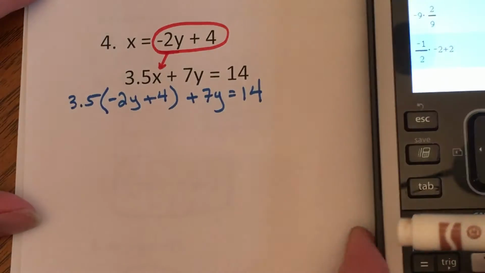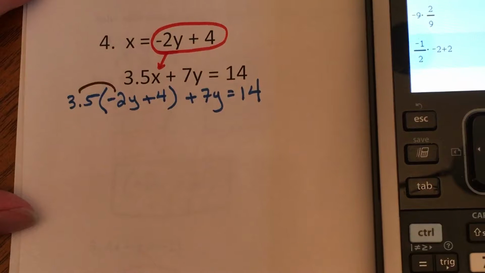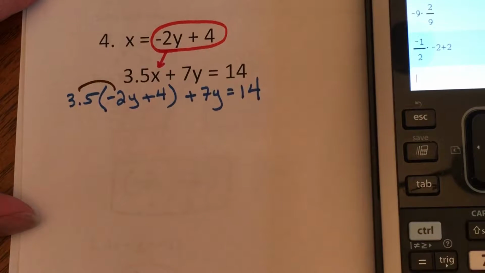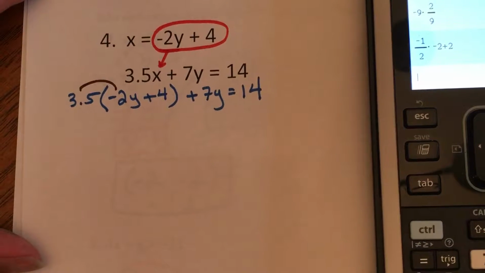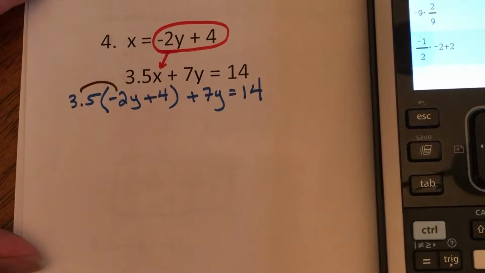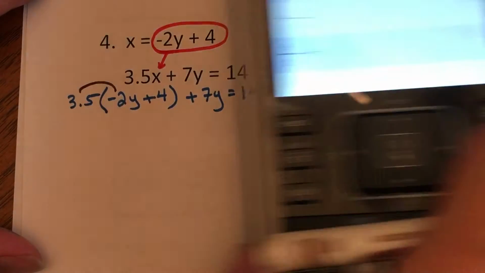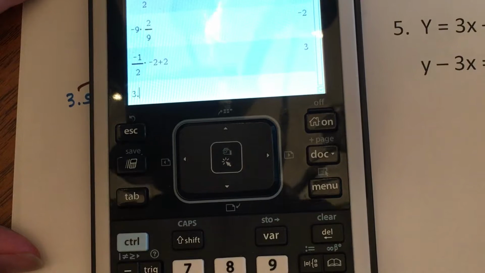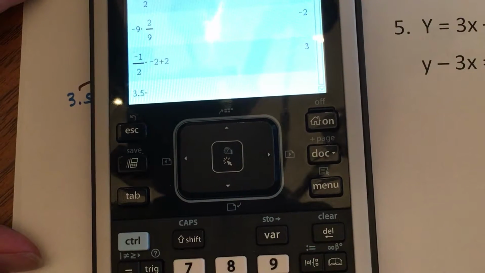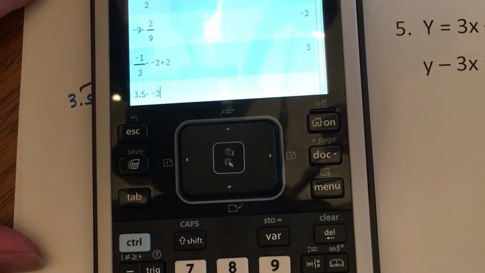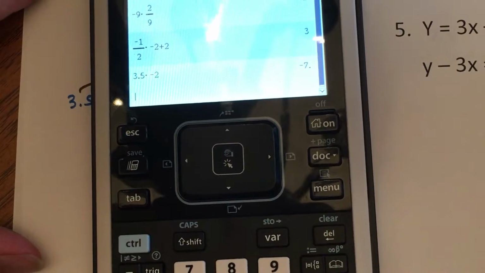Calculator time. 3.5 times negative 2. And sometimes you've got it and you know exactly what it is. And other times, you're just not quite awake yet. 3.5 times negative 2. Yeah, it's negative 7.